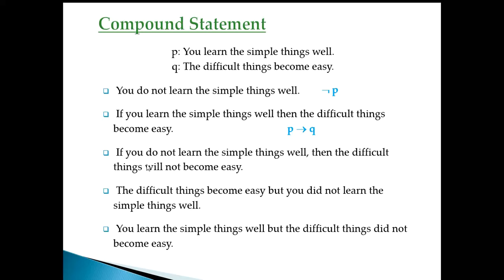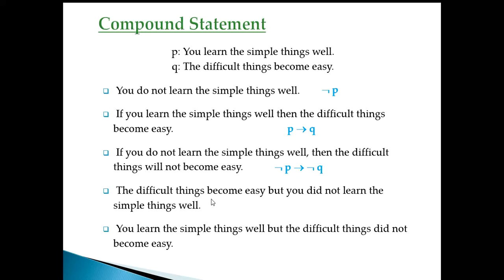Next, if you do not learn the simple things well, then the difficult things will not become easy. We do not learn the simple things, so we use the negation of P, and if-then means implication is used, and the difficult things will not become easy, so negation of Q. So it is negation of P implies negation of Q.